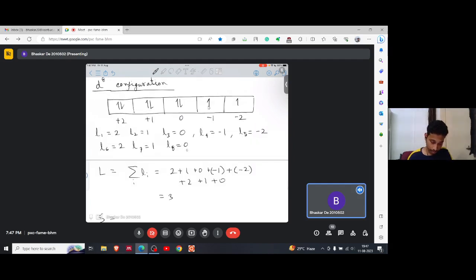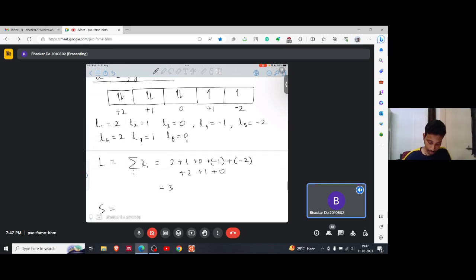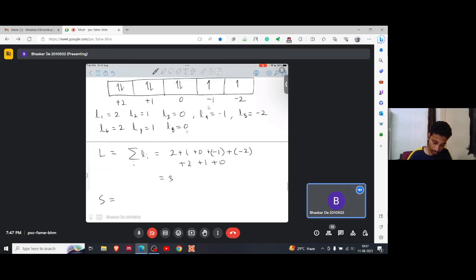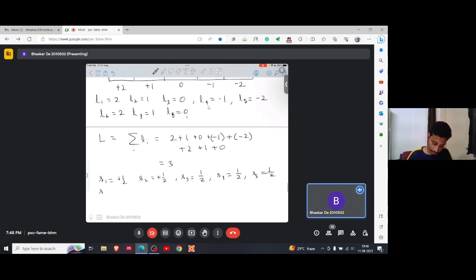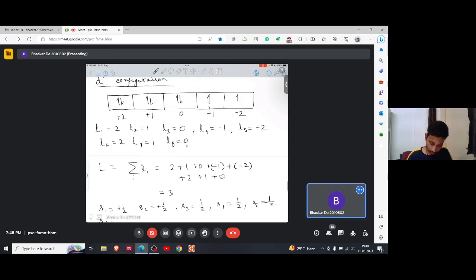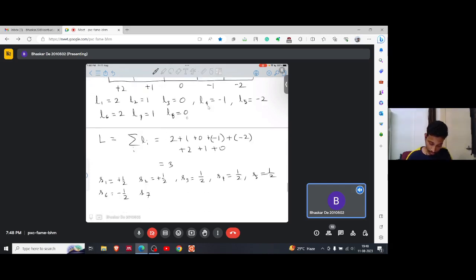For calculating S, we first need to write down S1 equal to plus half, S2 equal to plus half, S3 equal to plus half, S4 equal to plus half, S5 equal to plus half, S6 equal to minus half, S7 equal to minus half, S8 equal to minus half.